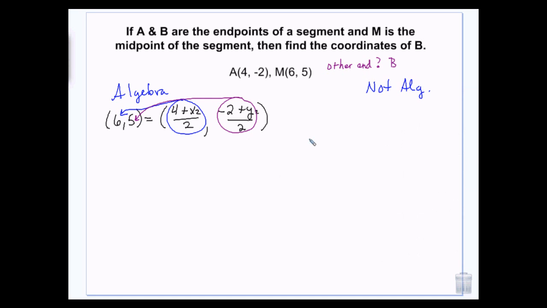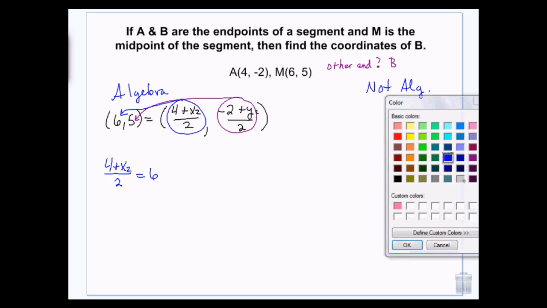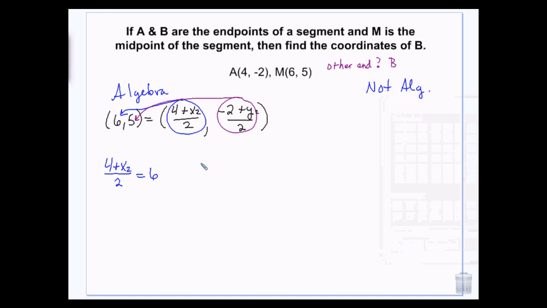Okay. So I have 4 plus x2 divided by 2 is equal to 6. And I have negative 2 plus y2 divided by 2 is equal to 5. Multiply both sides by 2 here. And I have 4 plus x2 is equal to 12.